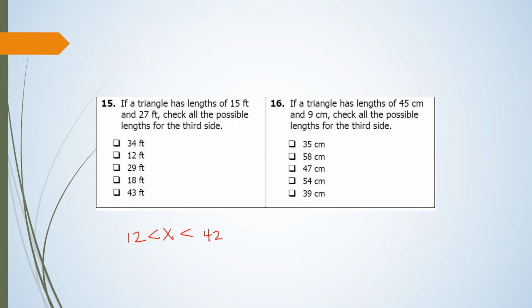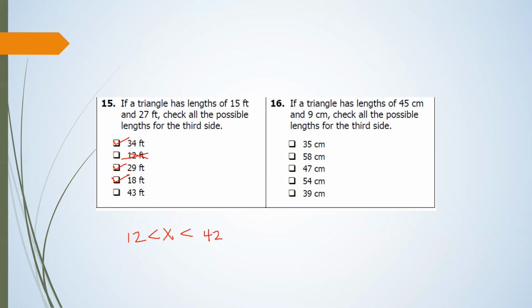This says that the third side has to be bigger than 12, but less than 42. So you're going to pick all of the sides that are bigger than 12 and less than 42 at the same time. So 18, 29, 34. I'm not going to pick 12. 12 is not bigger than 12. 12 equals 12. So they're trying to trick you there. 12 is not an answer. And of course, 43 is not less than 42.